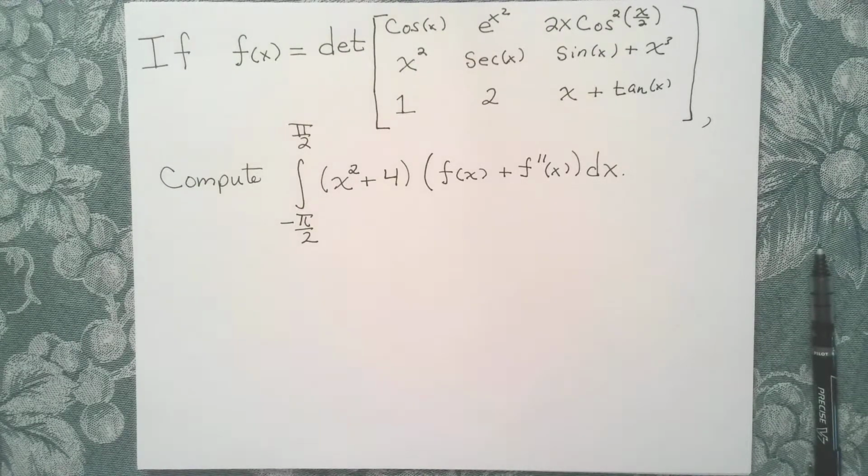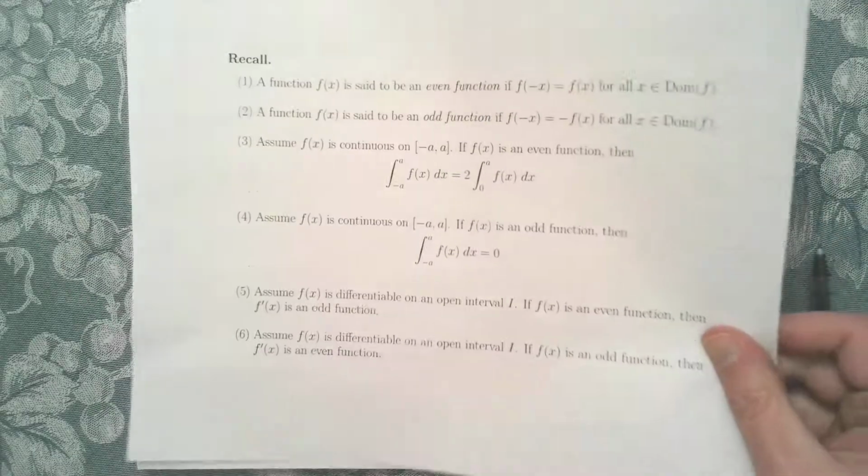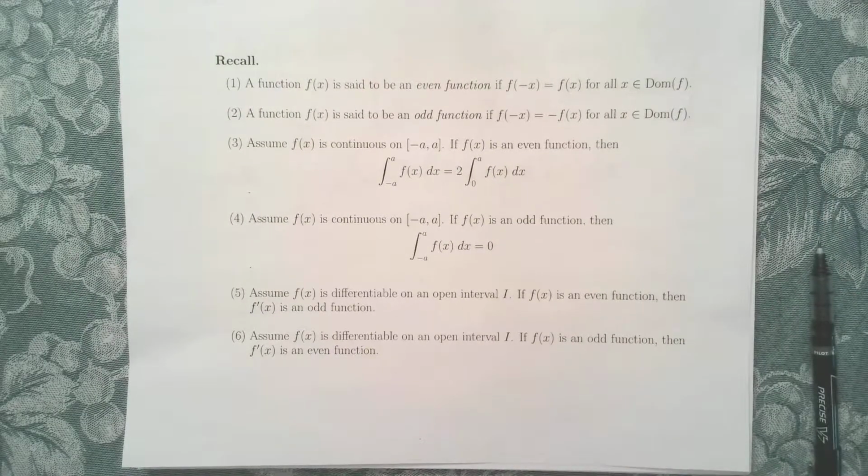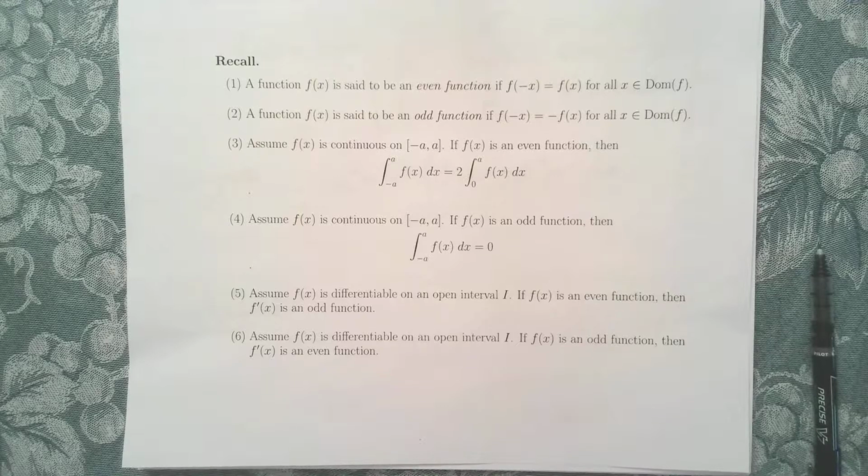So let's recall the following. First, remember that a function f of x is said to be even if f of negative x is equal to f of x for all x's in the domain of f. Well, a function f of x is said to be an odd function if f of negative x is equal to negative f of x for all x's in the domain of f.